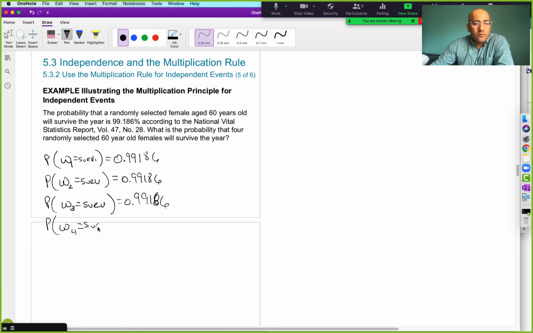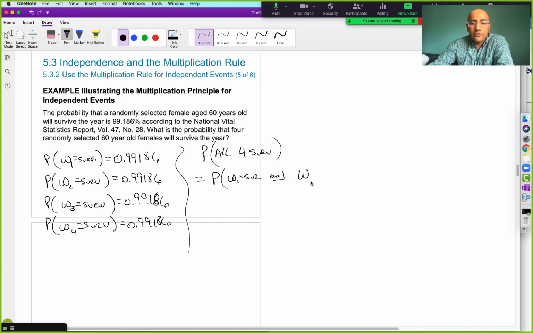4 survives, 0.99186. Okay, but now the probability that all 4 survive is going to happen if woman 1 survives, and at the same time woman number 2 survives, and at the same time woman number 3 survives, and at the same time woman number 4 survives.